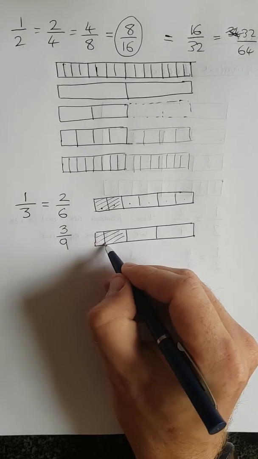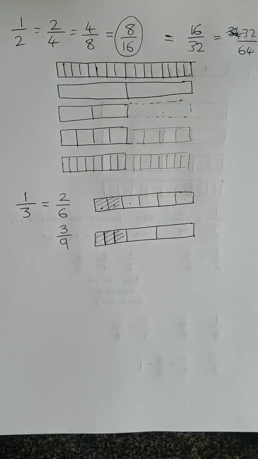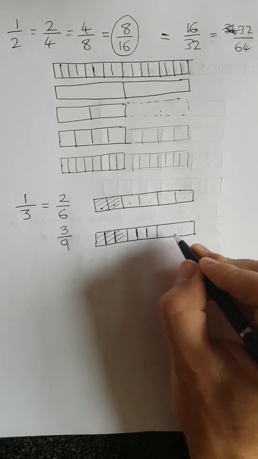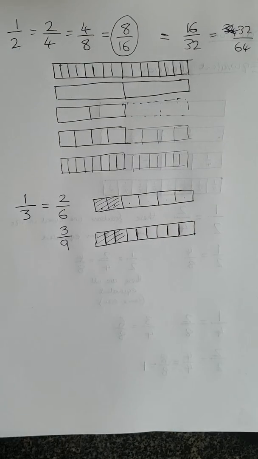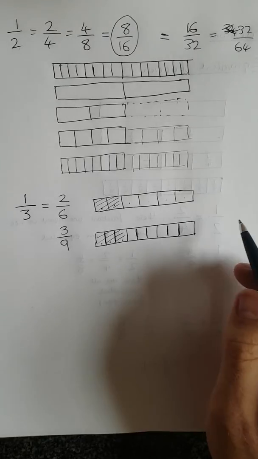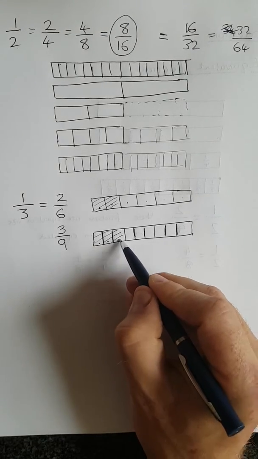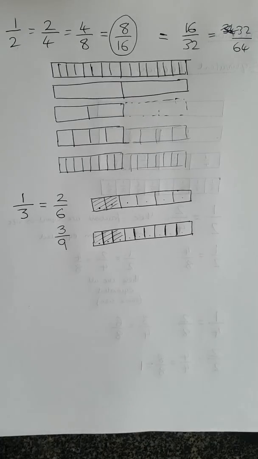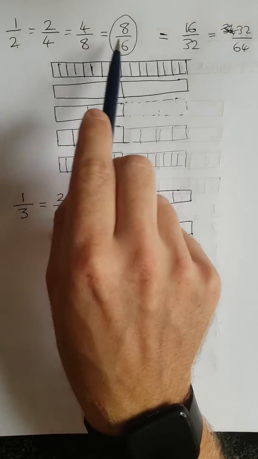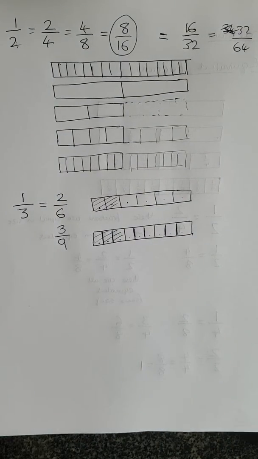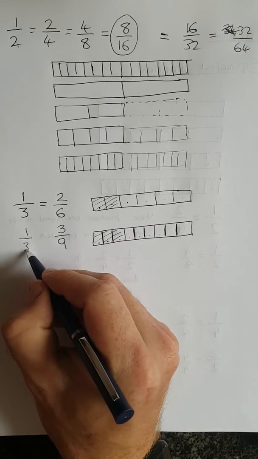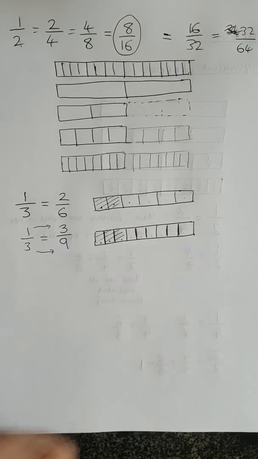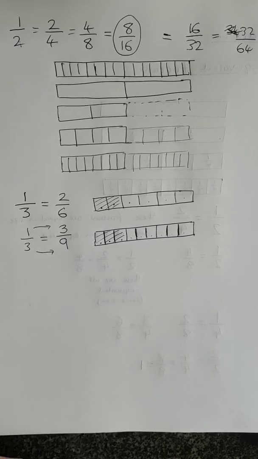Well, what did I do there? I chopped each piece into 3. 1, 2, 3 pieces now are shaded out of 1, 2, 3, 4, 5, 6, 7, 8, 9. Some of you very correctly spotted that up here we were doubling to make the next equivalent fraction. But actually, you can see here, it's not always doubling. In this case, it's timesing by, that's right, by 3.